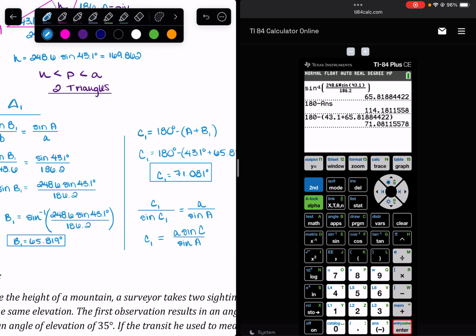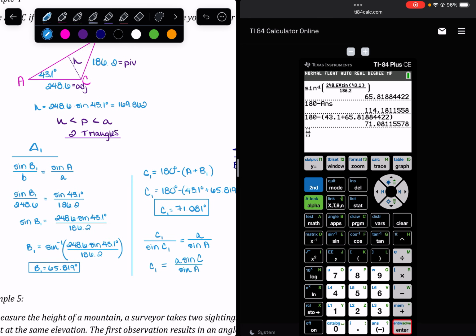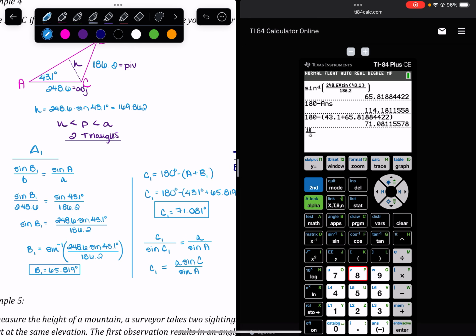So I'm going to go to my calculator. I'm going to go alpha y equals. So side A is 186.2 times the sine of angle C, which is that 71.08 mess we just found here. So I'm going to go get that, divided by the sine of angle A, which is 43.1.